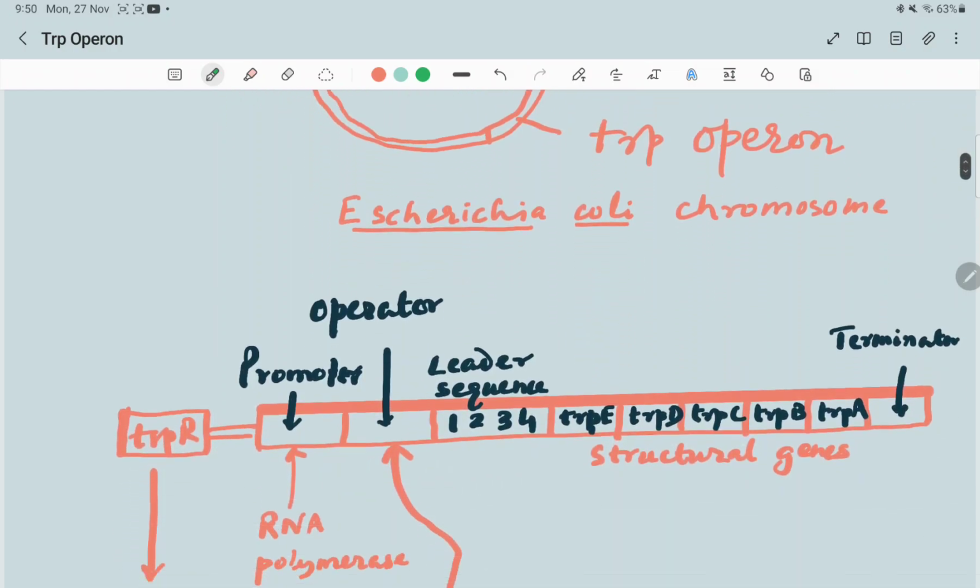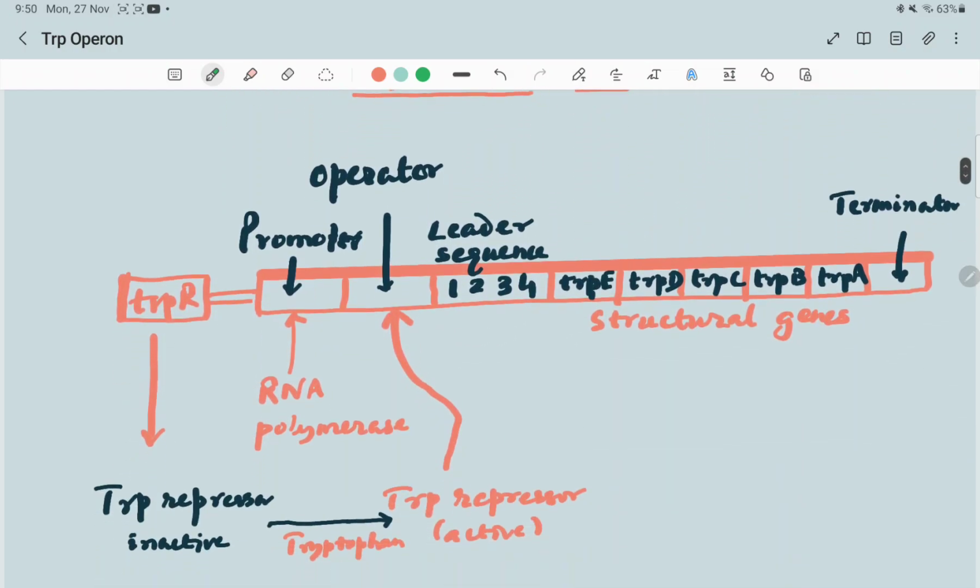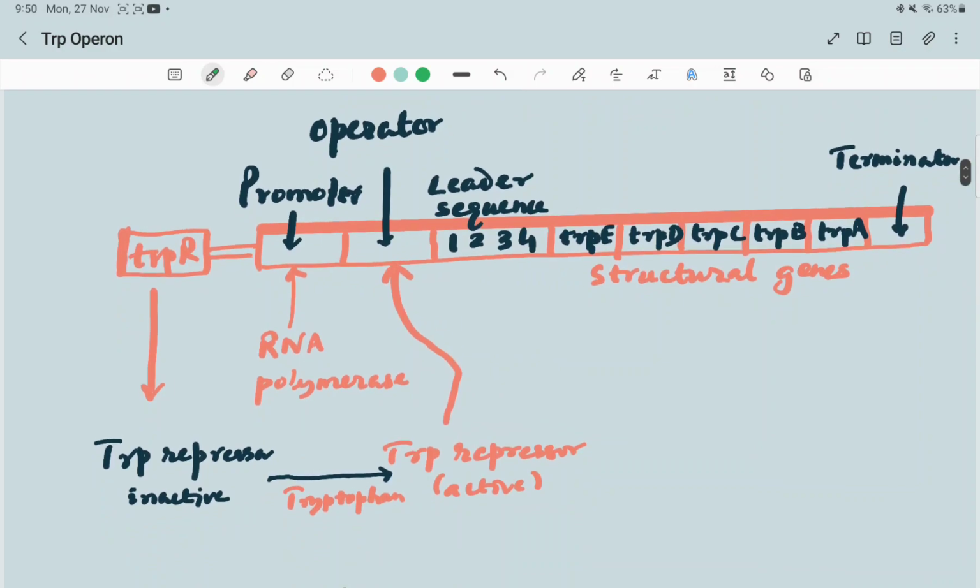So you can see the structure of the TRP operon. This is the TRPR gene, which produces the TRP repressor. This regulates the tryptophan synthesis. In the TRP operon, first there is a promoter to which RNA polymerase binds, then the operator site to which the TRP repressor binds.